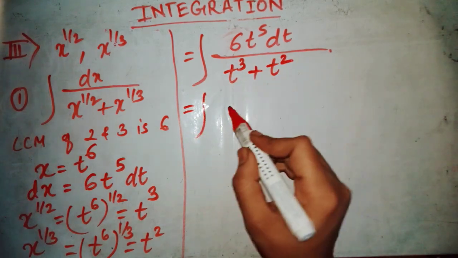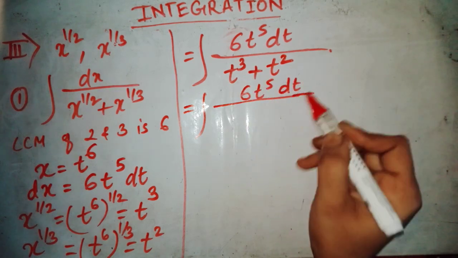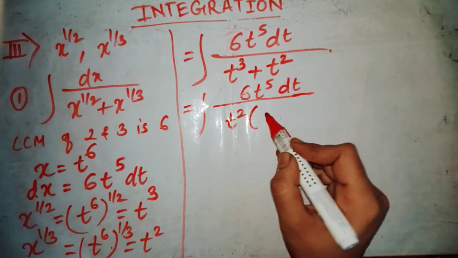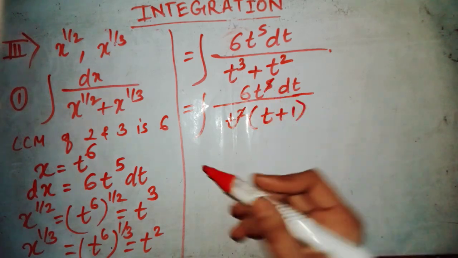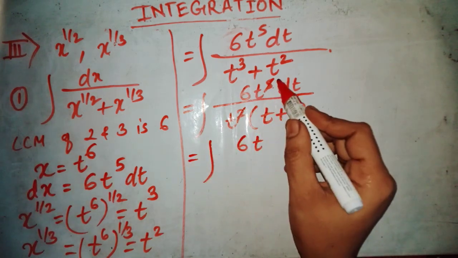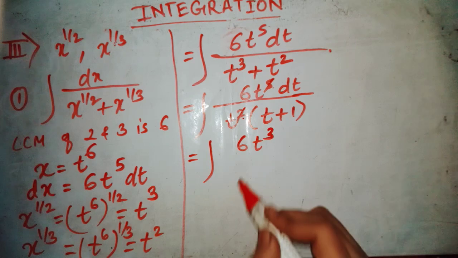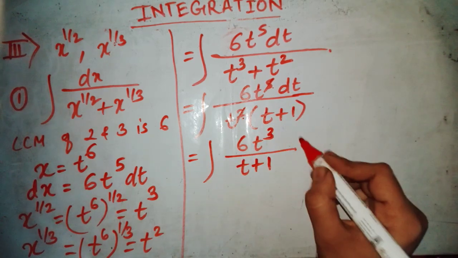So from the denominator you can take t square common, right? So this will be t plus 1. So this and this cancel, and you will get 6 t raised to 5 minus 2, so this is t cube upon t plus 1 dt.